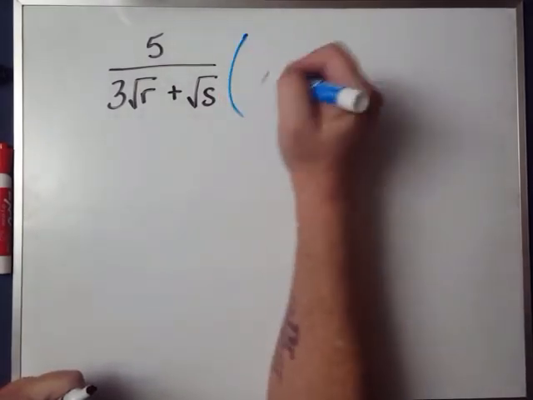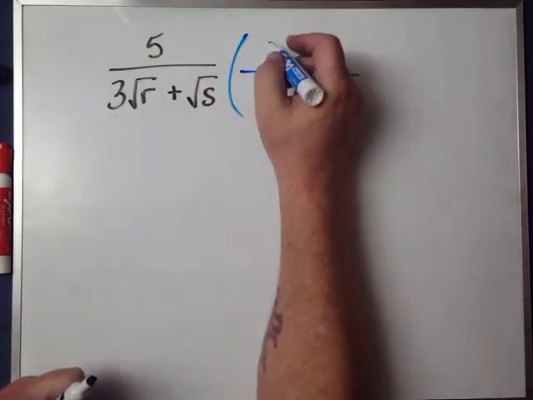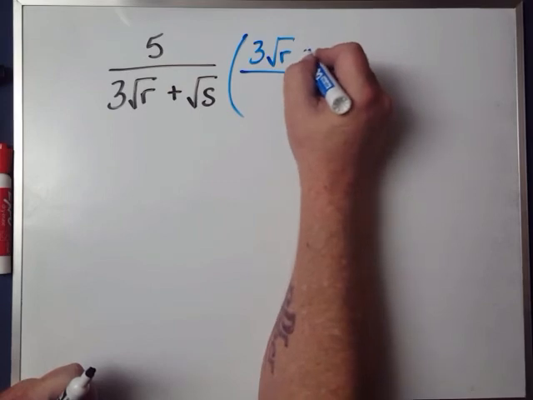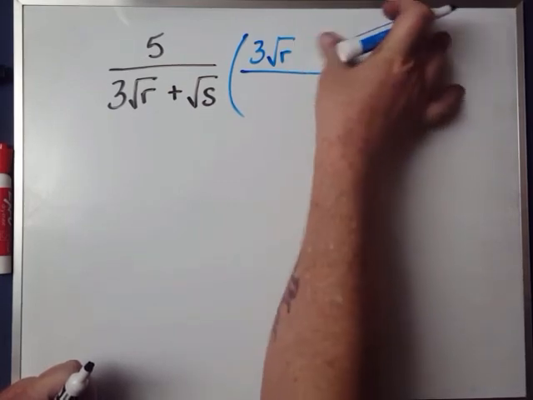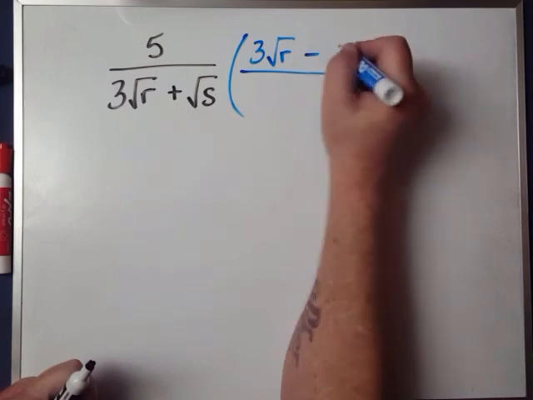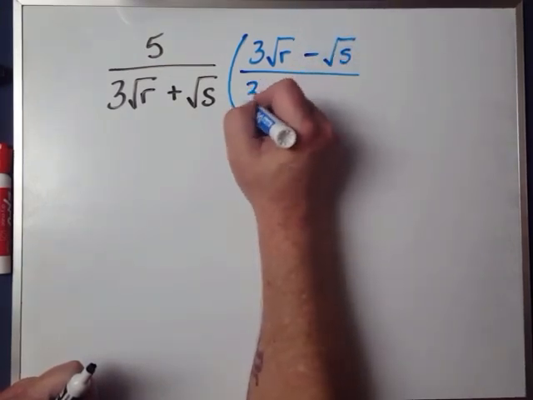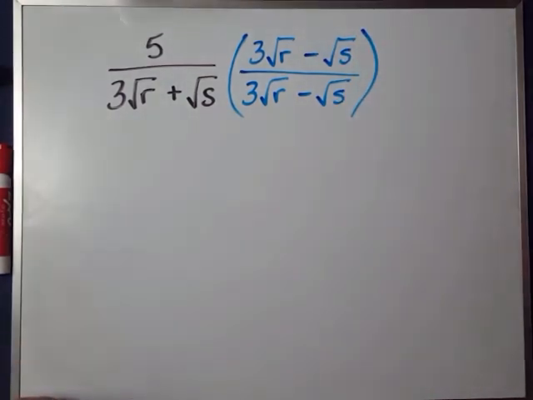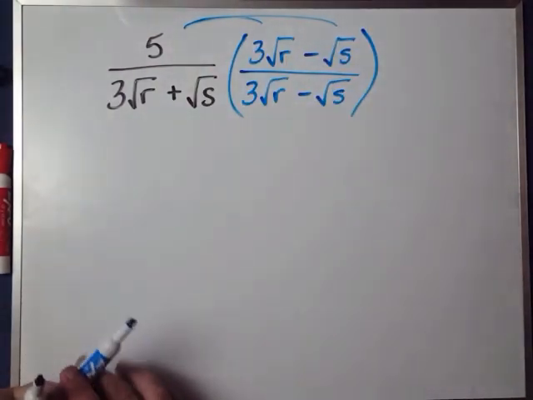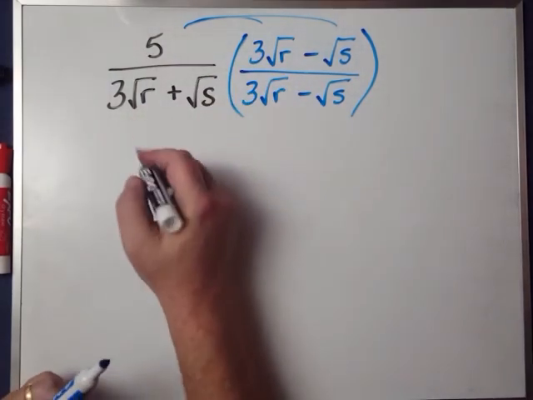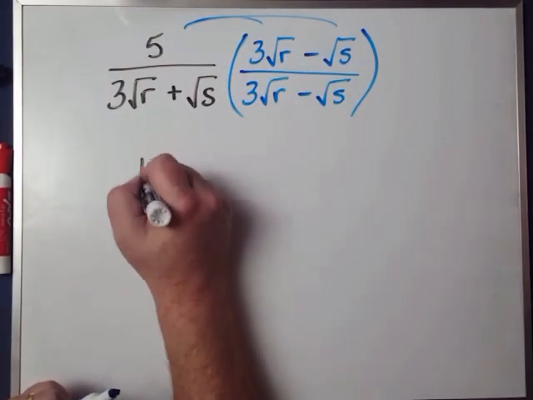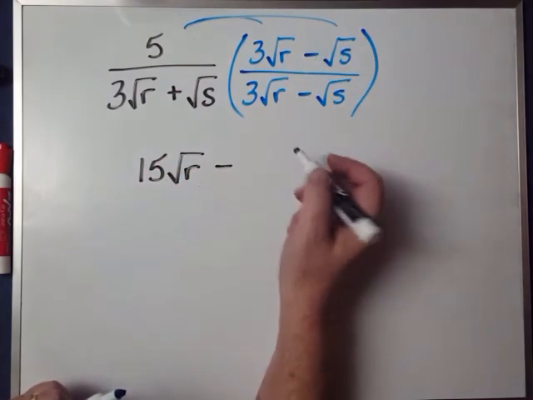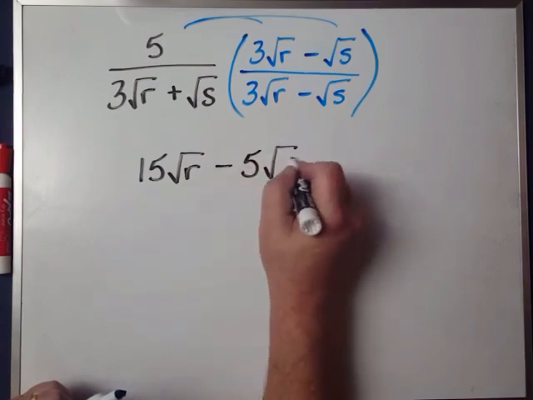To rationalize this denominator, we'll multiply the top and bottom by the conjugate of this denominator: 3 square roots of r now minus square root of s. In the top, we will distribute. As we distribute, 5 and 3 are both outsiders, so we'll get 15 square roots of r and minus 5 square roots of s.